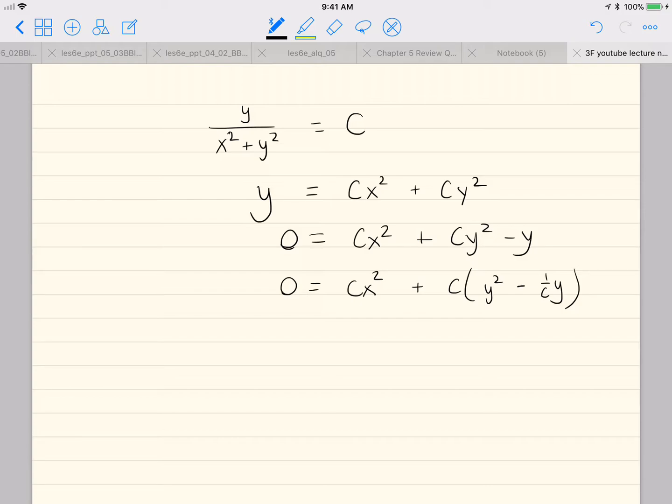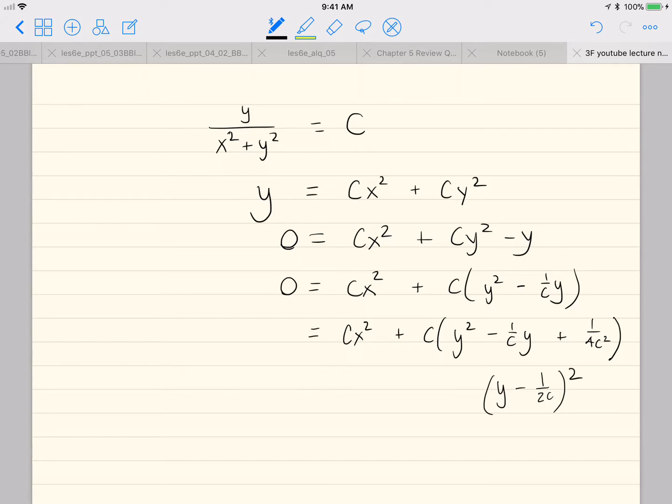When we complete the square, we need to take 1 over c divided by 2 and square it. Should be plus 1 over 4c squared. So I believe that will give us y minus 1 over 2c squared.